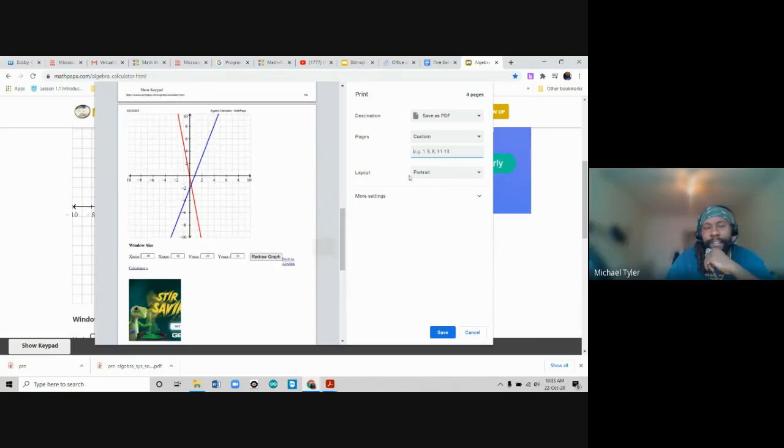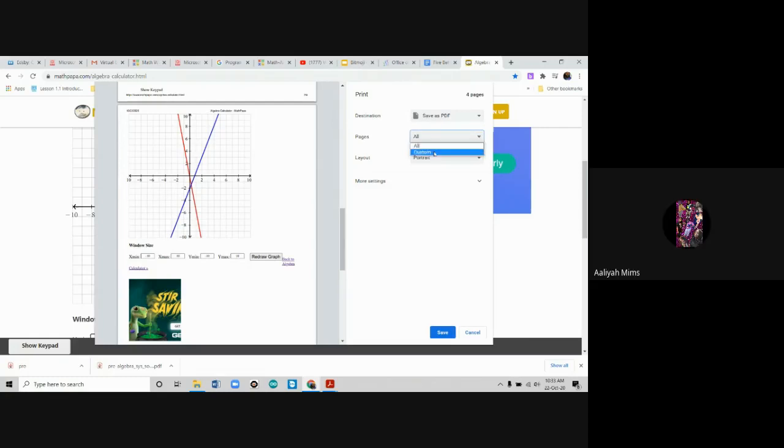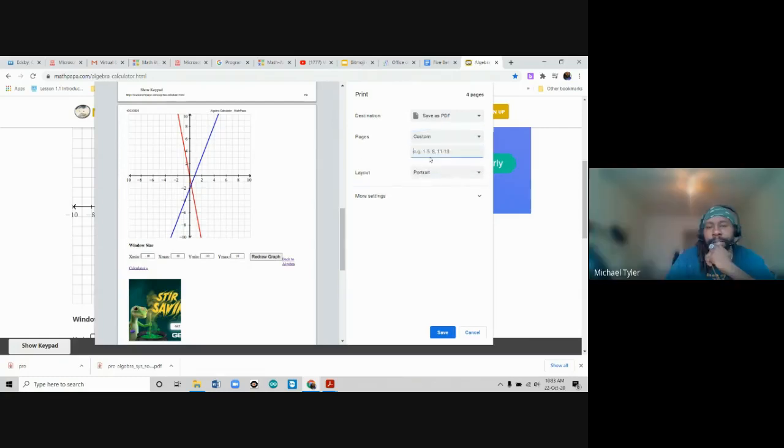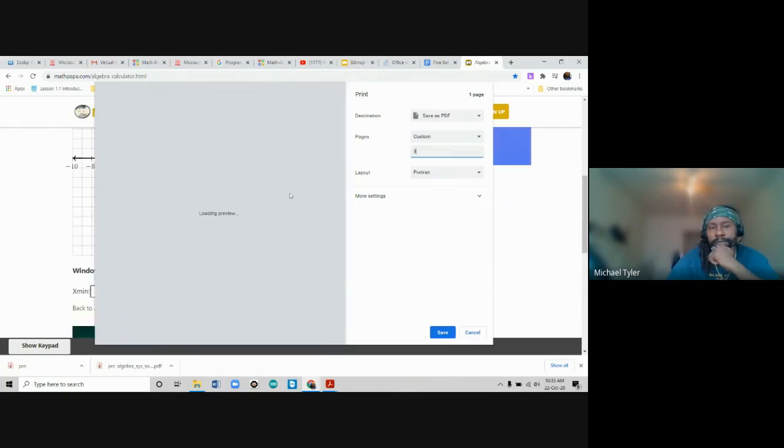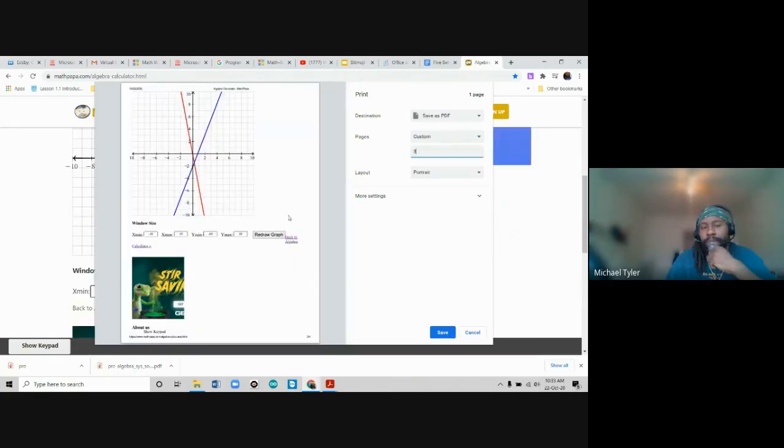For your graph part, did you see me click on custom? Pages has two options, all and custom. Once you click on custom, you put the page number. What page was that? Looks like 3. And it'll only print that page. That's all you need, okay?